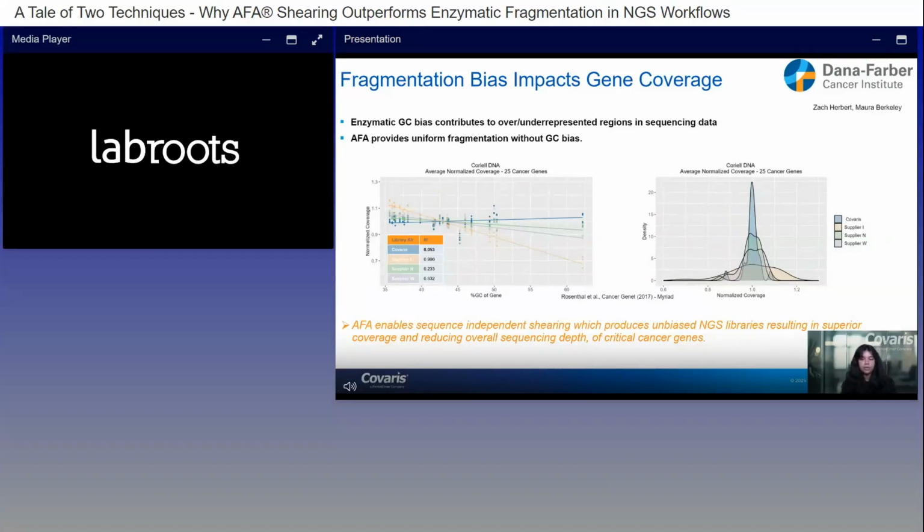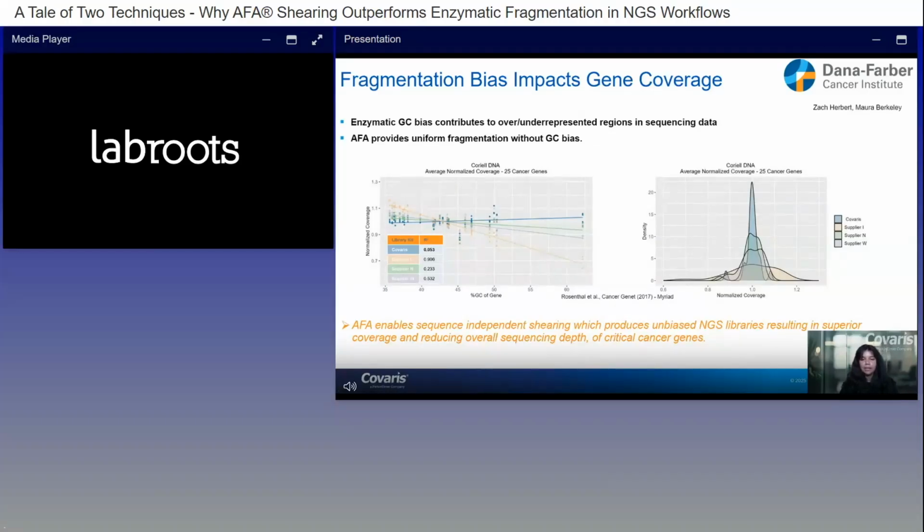So if I could direct your attention to this first figure, this shows the average normalized coverage of 25 cancer genes, genes that are commonly looked at in oncology panels. And what we have here is normalized coverage as a function of the percent GC content of the gene. So we can compare how different library prep suppliers are able to cover these 25 genes.